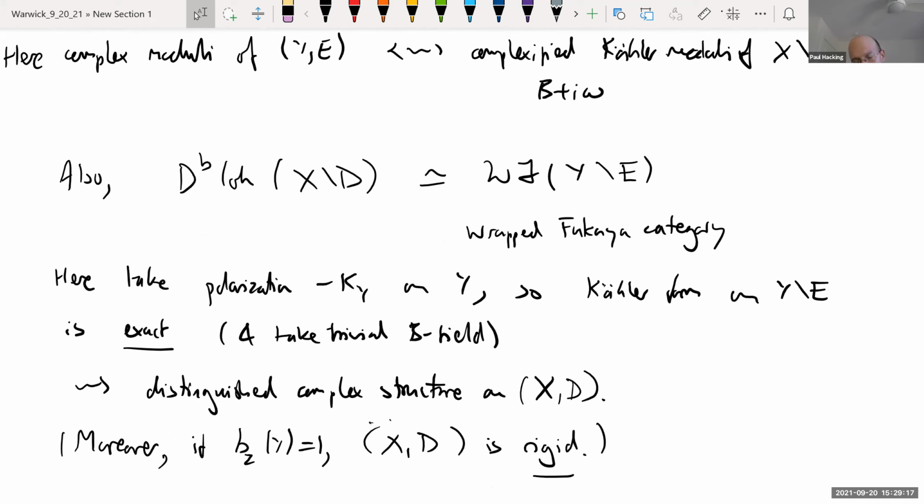And in the same vein of reasoning, if we were to vary the choice of complexified Kähler form on Y, that would correspond to a deformation of X_D, of this K3 fibration. But in the most important case, where b_2(Y) equals 1, so the Picard group of the Fano Y is isomorphic to Z, then there are no such deformations.